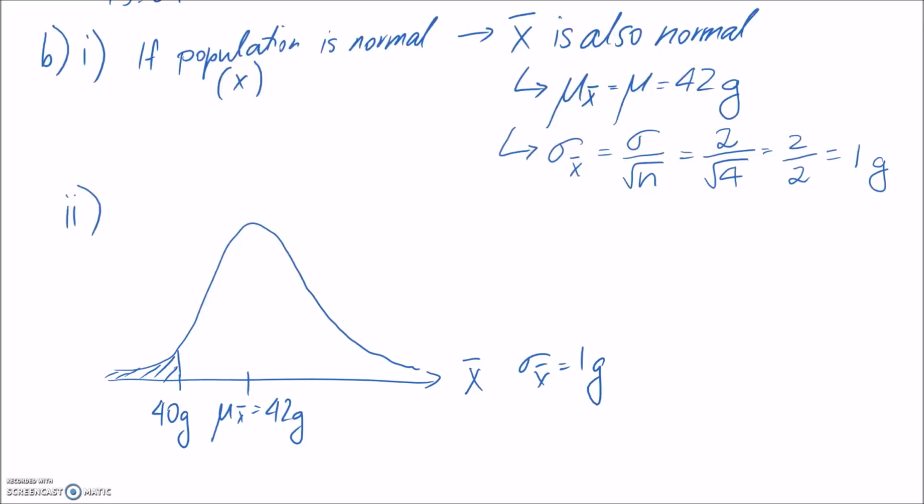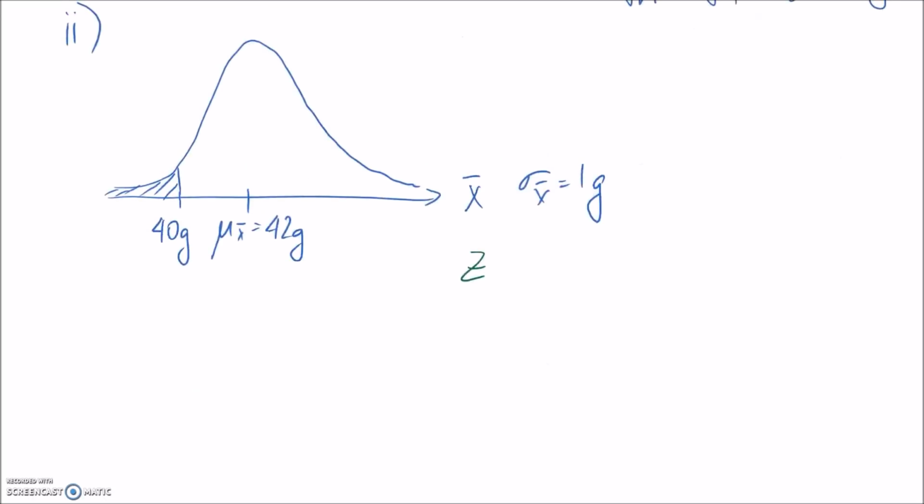So we can follow through basically the same process as before, except we've got our mean and standard deviation here that we're working with. So if we're going to do this manually, again the first step is to convert it into a z-score. So let's do it underneath again. So we know that when we convert to a z-score, the mean, no matter what it is, is always going to go to 0. And then we just need to figure out what happens here in terms of the 40 grams in a z-score.